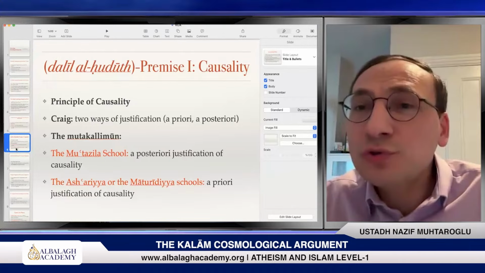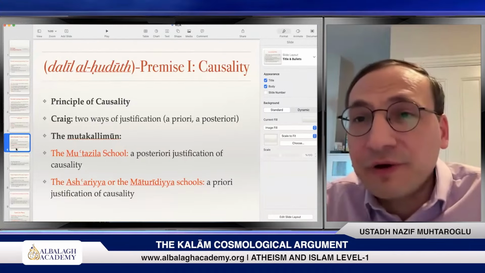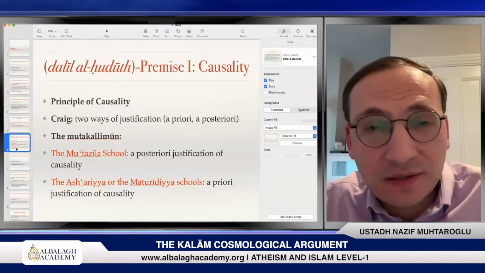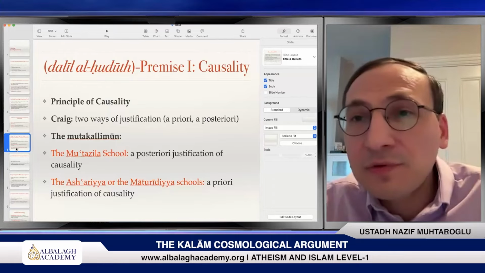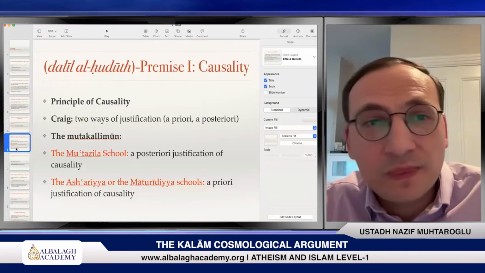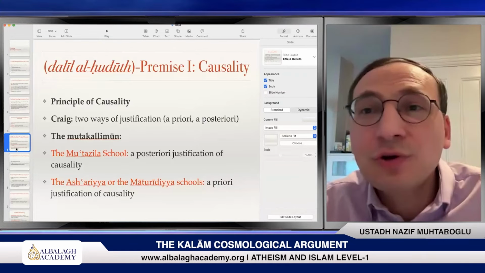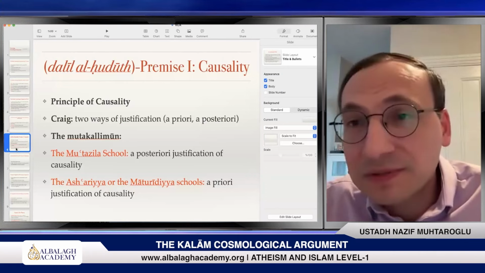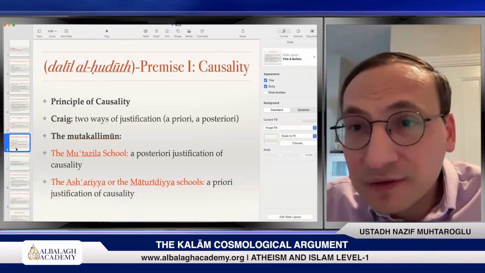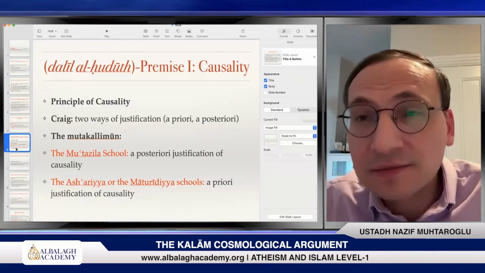But he also uses an inductive type of argument to justify causality. He says, I mean, look around. You always explain something with certain causes. Something happens, you need to specify certain causes to explain why it happens. It's everywhere in life, everywhere in science.